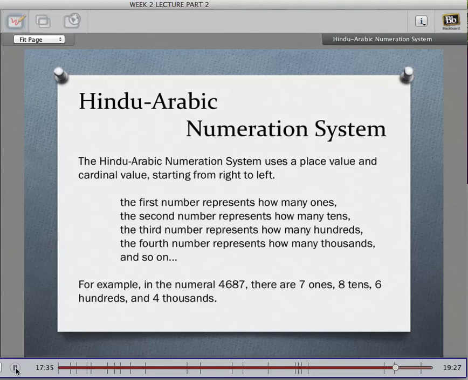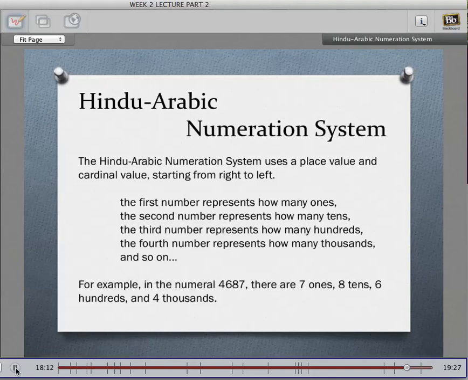And another thing that you need to understand when you begin teaching our system, beyond the fact that you don't tell 5- and 6-year-olds that they're using the Hindu Arabic numeration system, that would be ridiculous. Beyond that, you need to understand that our system goes from right to left. The smallest place is on the right. But we read the number from left to right, and that's kind of confusing.